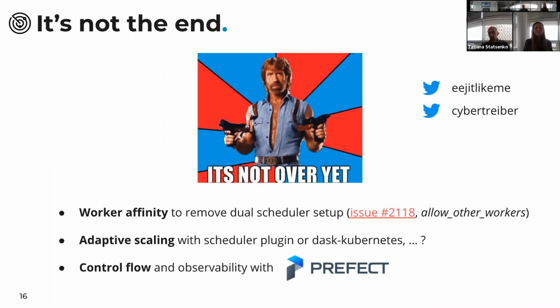For example, the dual scheduler setup that we have came out of necessity, maybe not the best configuration to begin with, but right now we think we could remove the second scheduler if there was something like worker affinity.